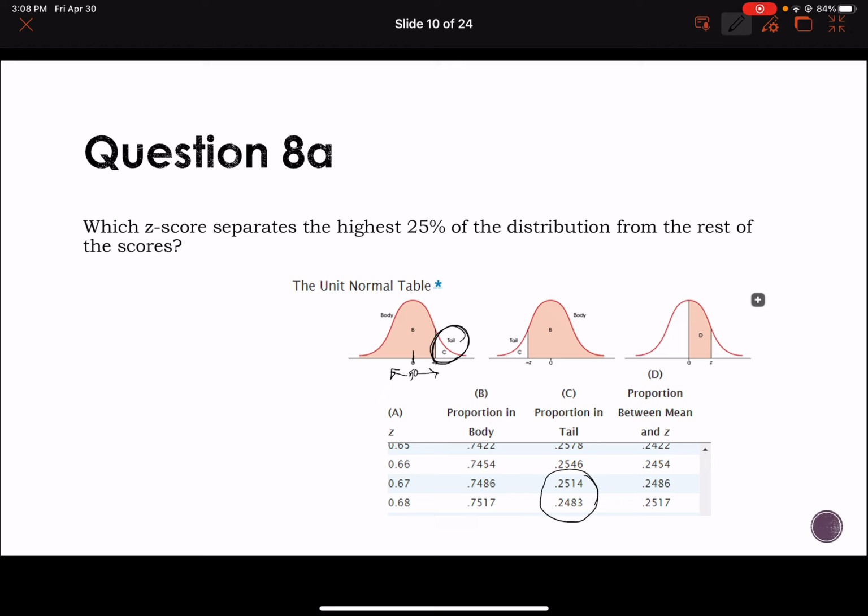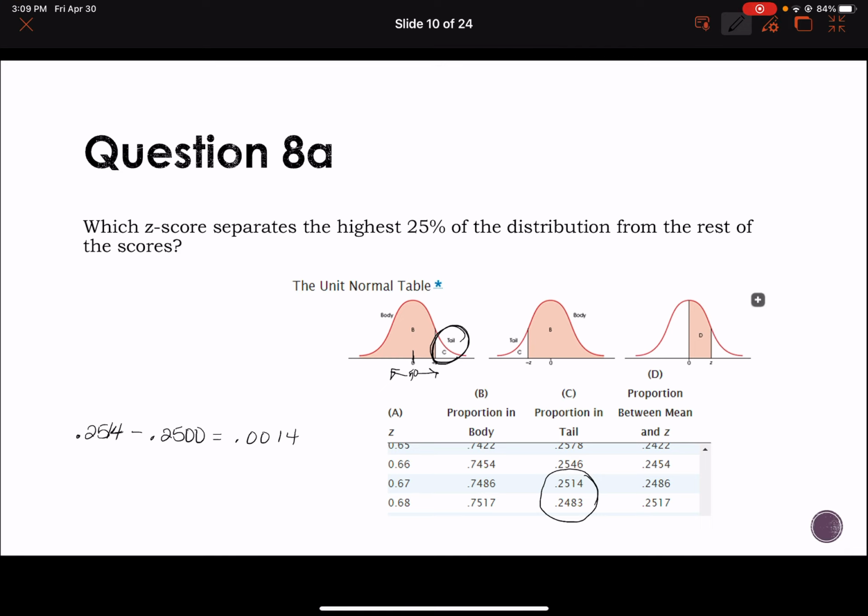So to figure out if it's going to be the 25.14 or 24.83, we're going to come over here and go 0.2514 minus 0.2500, and that is going to give us 0.0014. And then we're going to see the same thing for the other one.